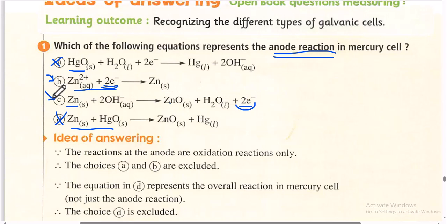So the correct one here is zinc, which loses electrons and oxidizes from elemental zinc with 0 charge to the zinc oxide compound, in which the oxidation state of zinc is positive 2. So this is the correct answer here. Zinc is oxidized by 2 hydroxide ions to give zinc oxide, a water molecule and 2 electrons.